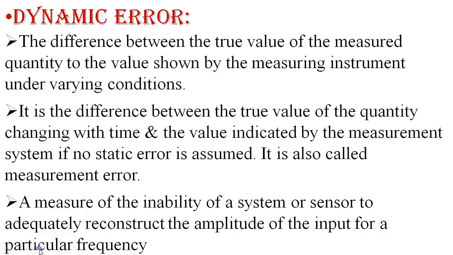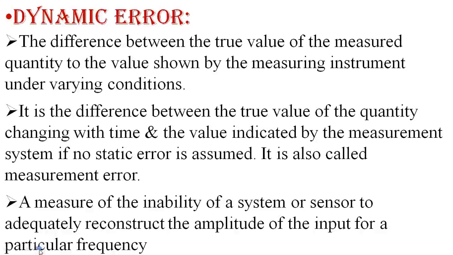It is the difference between the true value of the quantity changing with time and the value indicated by the measurement system, if no static error is assumed. It is called measurement error.